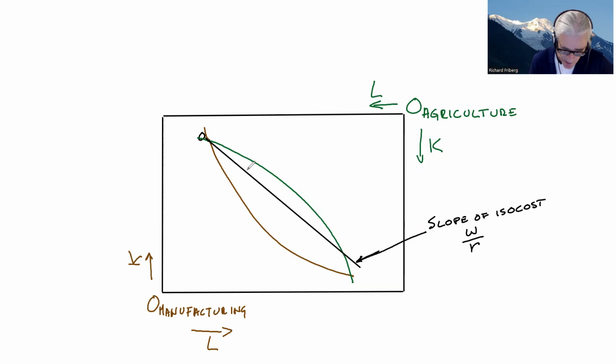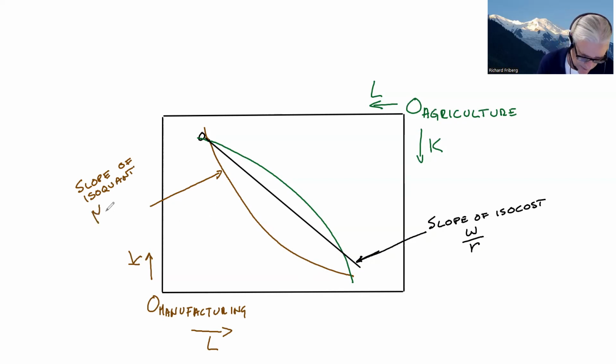Okay, what's the slope of the isoquants? Well, remember here, again, looking at the absolute value of this, but I don't write it, the slope of the isoquant is given by the ratio of the marginal products. So this is the marginal product of labor over the marginal product of capital in manufacturing.